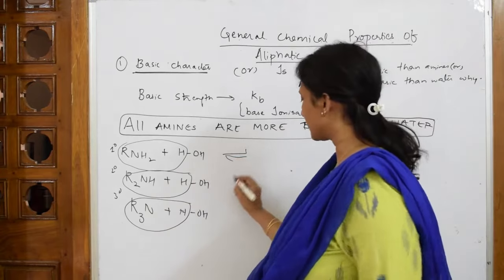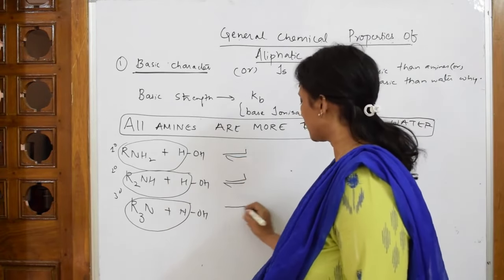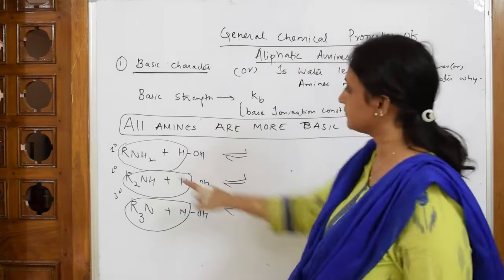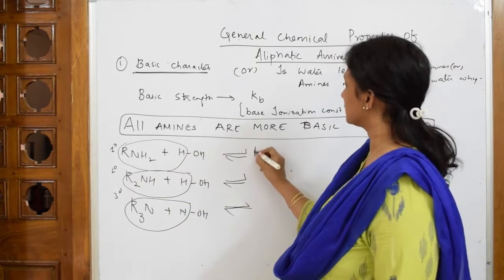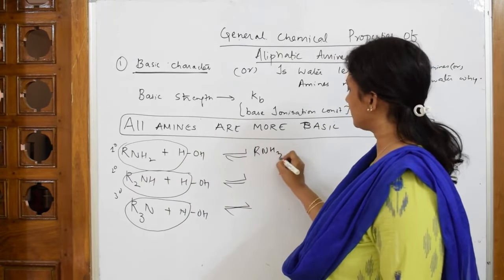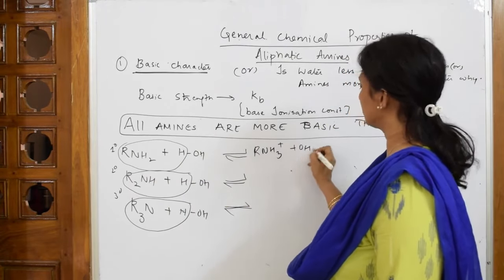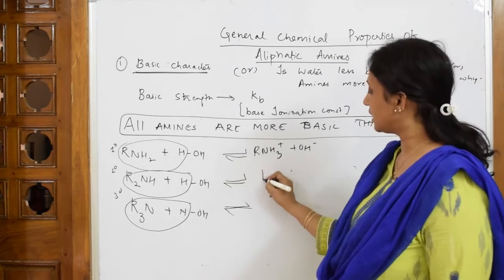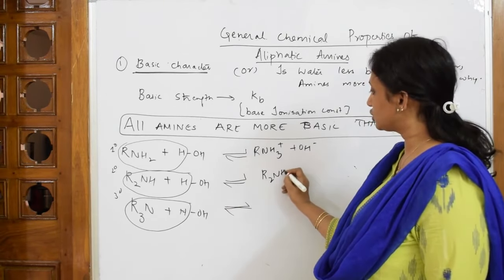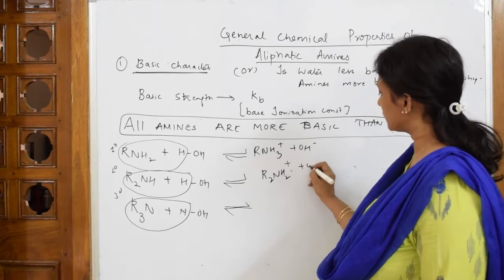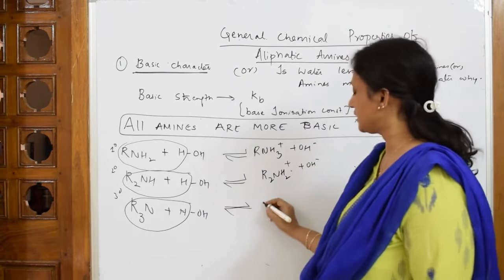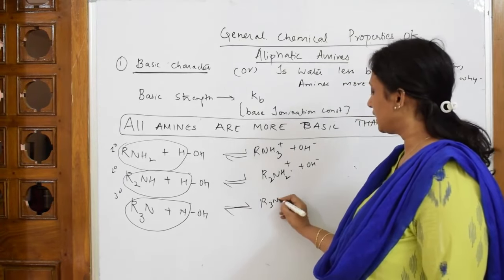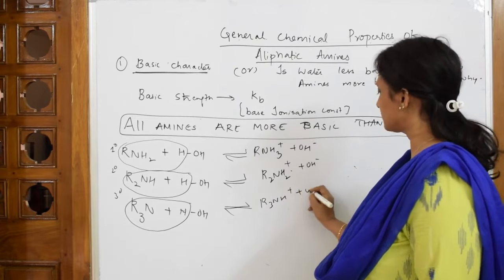And what products do I get? I get an equilibrium product. What is that? RNH3 plus OH minus. First one. Second case, R2NH2 plus OH minus. Third case in tertiary, R3NH plus OH minus.